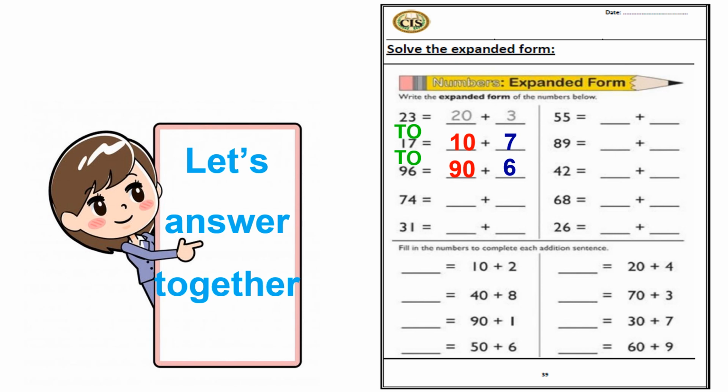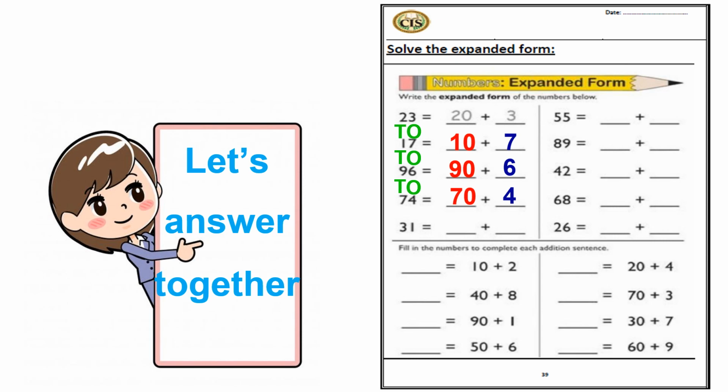74. First step, I will write one sentence. So 4 is ones, so I will write 4. 7 is tens, I will write 7 with 0, so the answer will be 70. So 70 plus 4 equals 74.